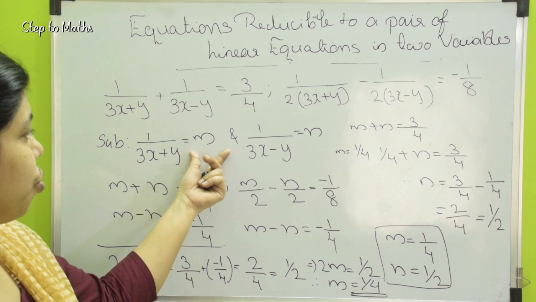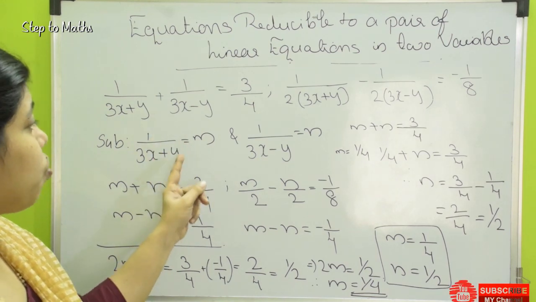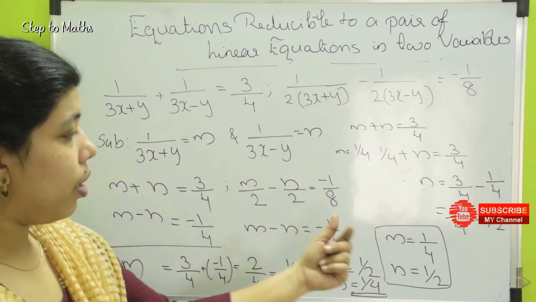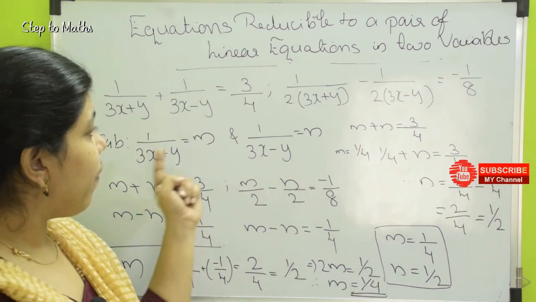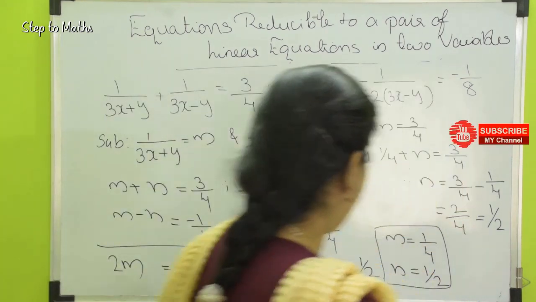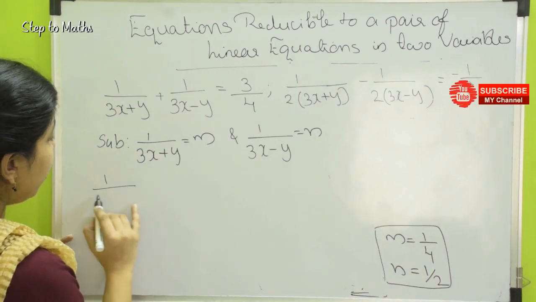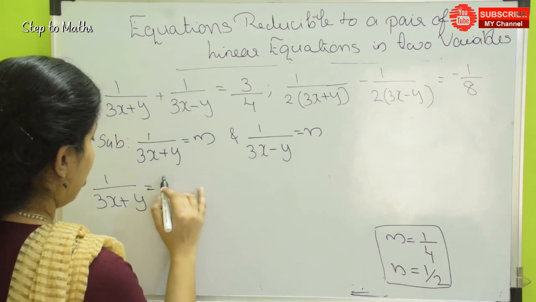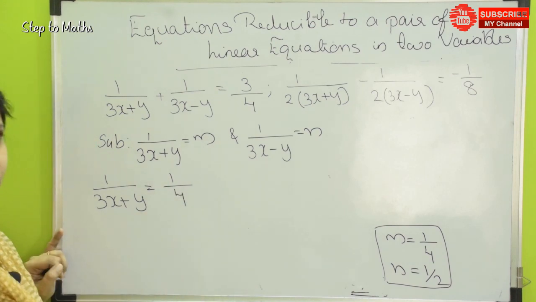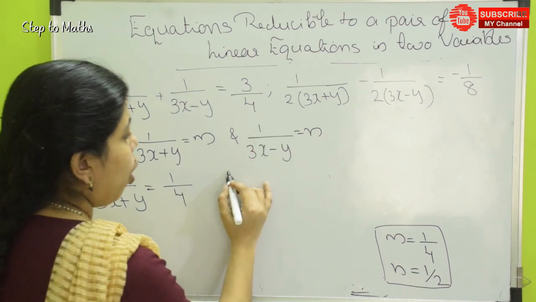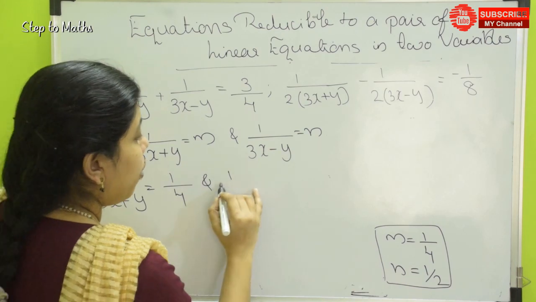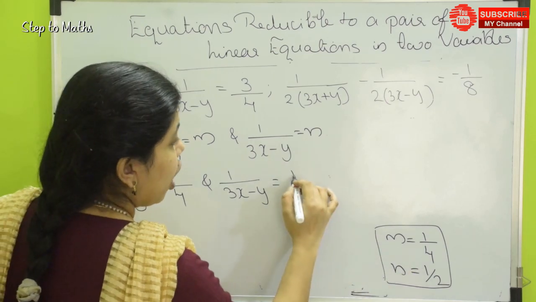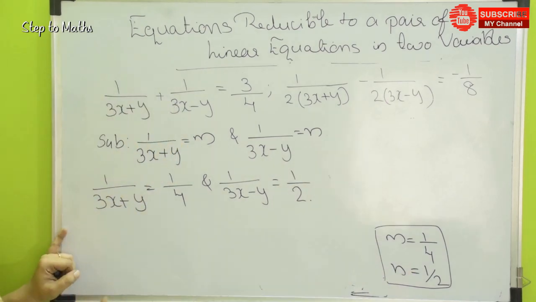And we made the substitution as 1 upon 3x plus y is equal to m and 1 upon 3x minus y is equal to n. So, substitute the values of m and n. What will we get? 1 upon 3x plus y equal to m, m is 1 upon 4, and 1 upon 3x minus y is equal to n, n is 1 upon 2.